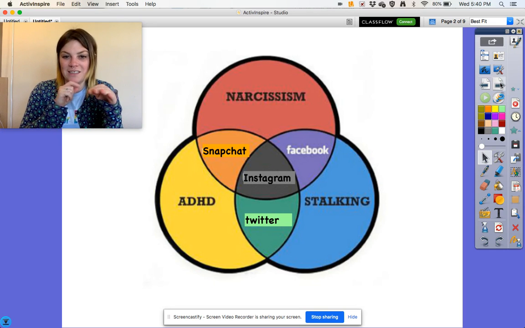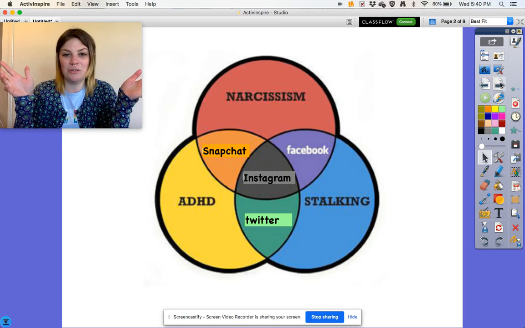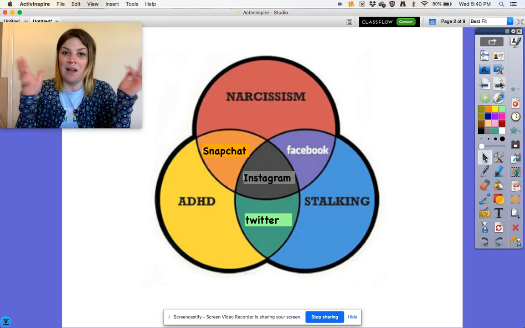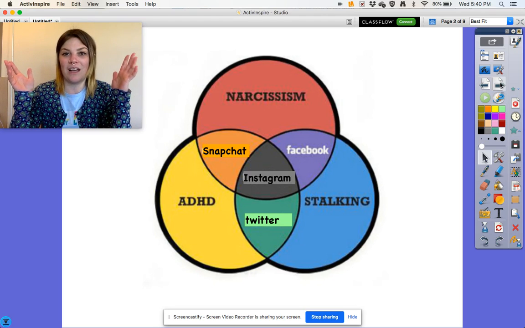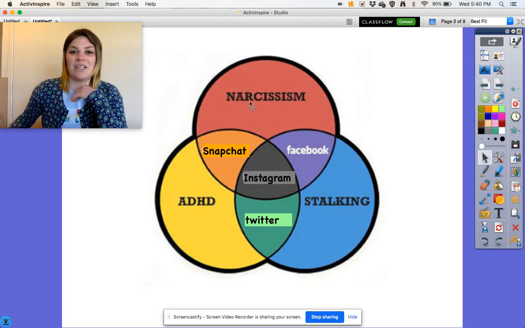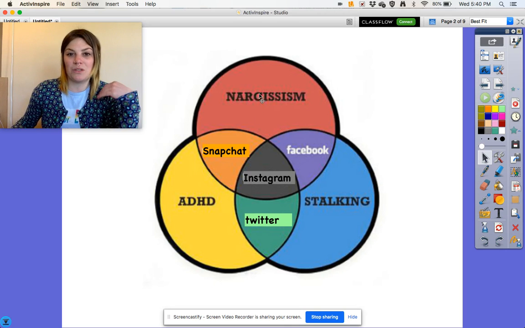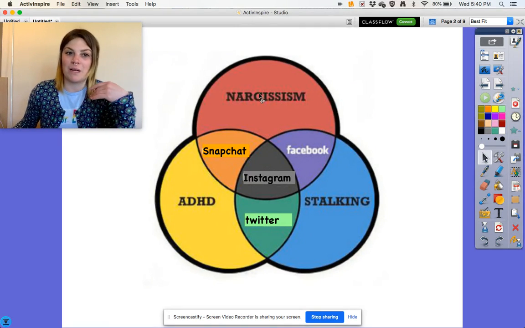Also, TikTok is a new social media thing that came about since last year, so I don't know where it would fit in this. But the idea is narcissism, that's being obsessed with yourself, right? Thinking like you're the best person in the world. Stalking, so stalking someone.